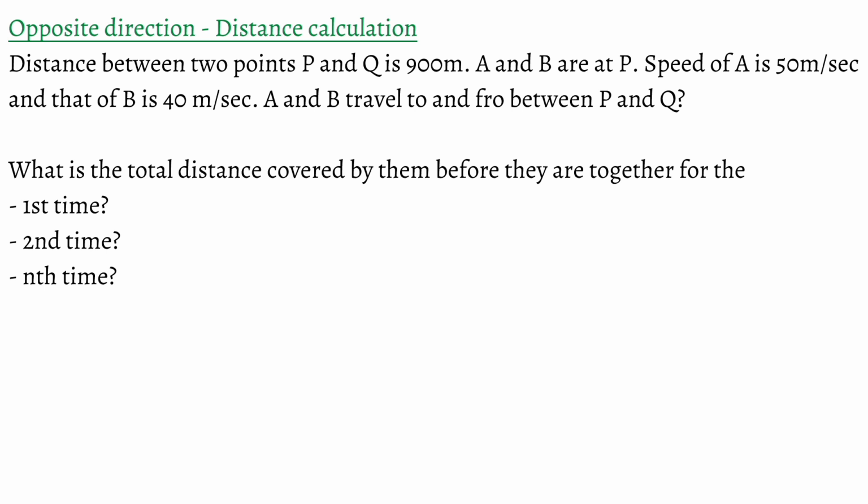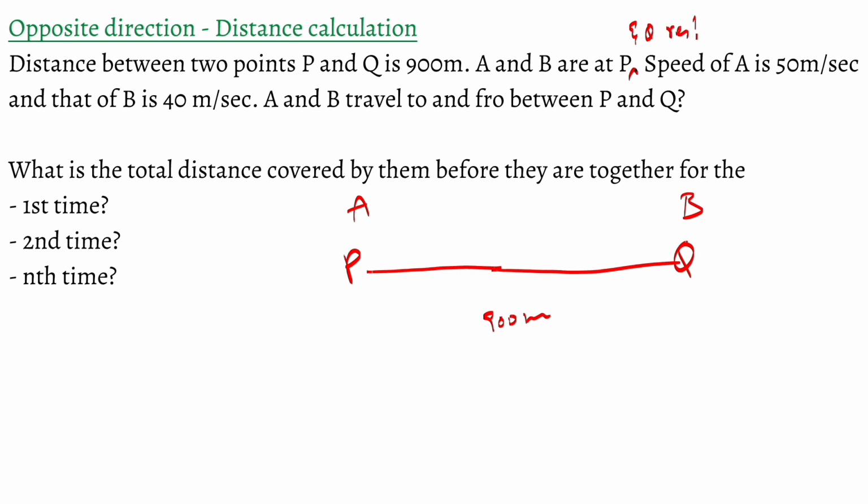Let's say the distance between 2 points, P and Q. Let's say here it's P, here it's Q, and this distance is 900 meters. A is at P and B is at Q respectively.